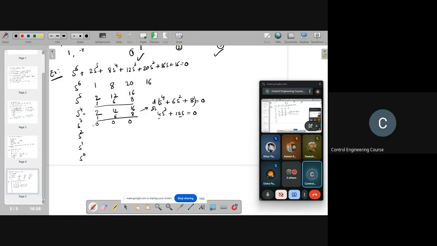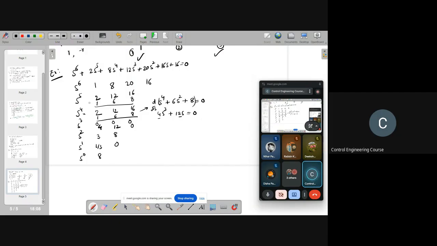In the fourth row, you have to replace with 4 and 12, and this is 0. Now again you compute the remaining term, it will be 3, 8, 1 by 3, 0, and this is 8. So this way you have to proceed to complete the Routh array.